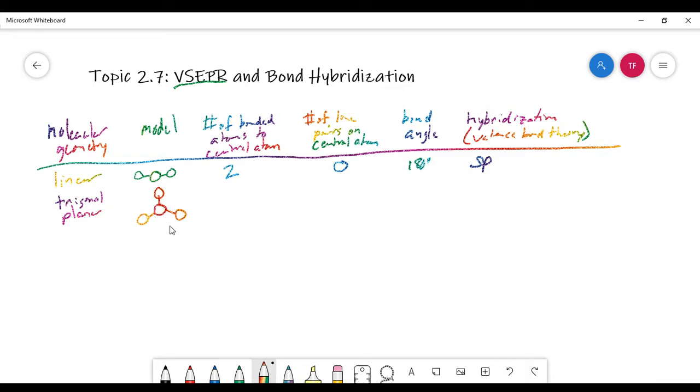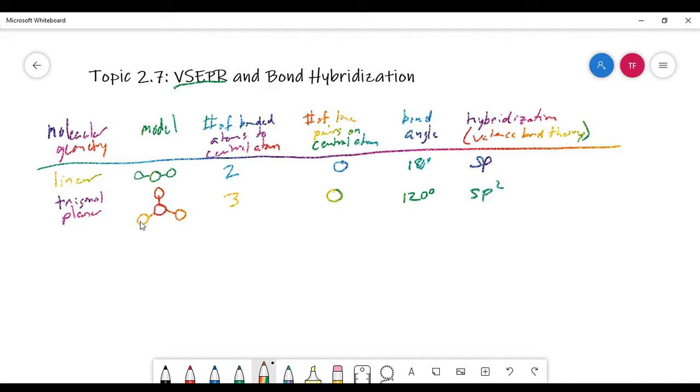There's no lone pairs on the central atom, and just pairs of electrons in the bonds. So 3 bonds, 0 lone pairs. The farthest that these bonds can get away from each other is 120 degrees. So the bond angle is 120 degrees between these atoms, and the hybridization is sp2.